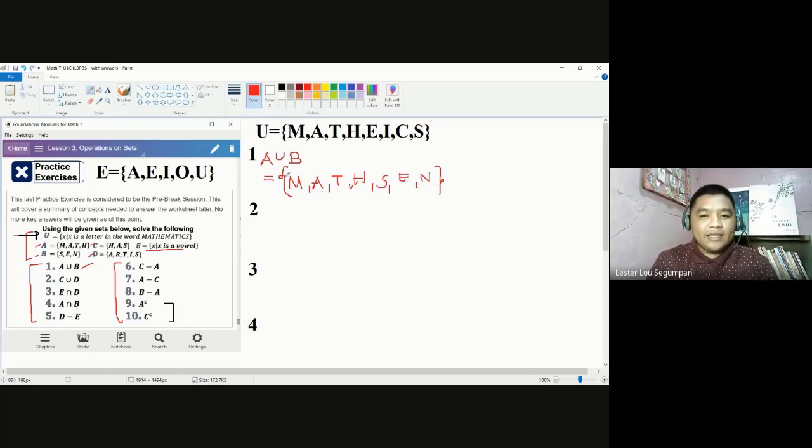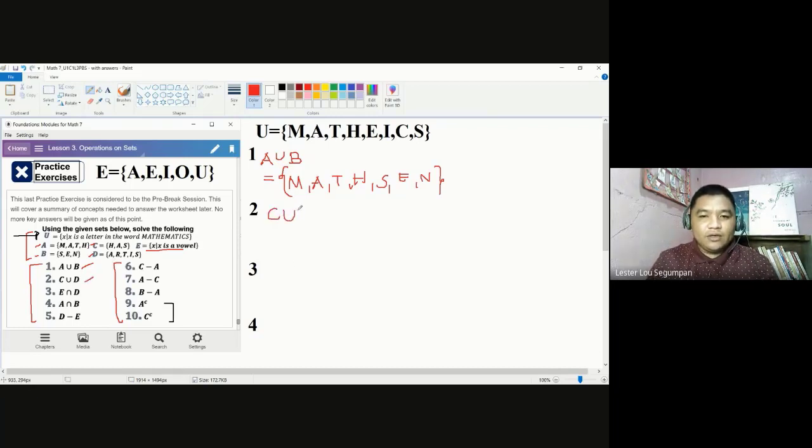Again, you may rearrange it as you want, as long as there should be no duplication and none of the items here are missing. That's how union works. Let's proceed to C union D.